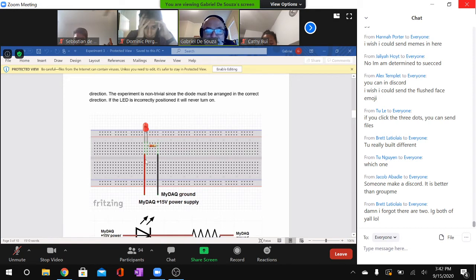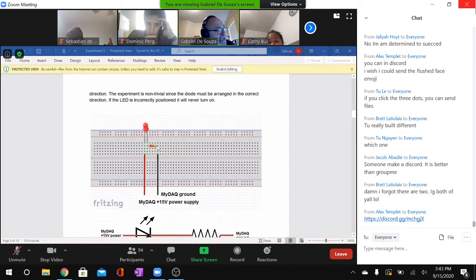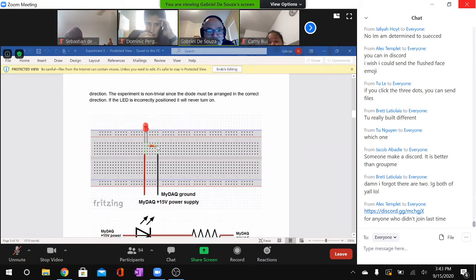So if you notice, when I put my red wire here and I connect it to the power supply, that also means that this lead of my diode is connected to 5 volts. And then I get this lead here from ground. That means that this side of the resistor is connected to ground. And then now I have this lead of the diode connected to the resistor.